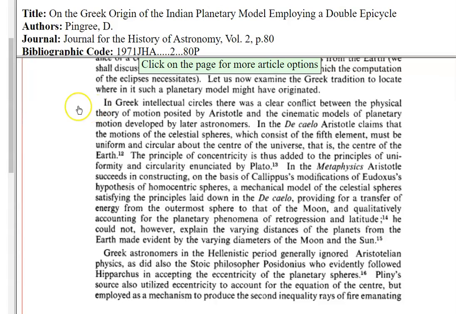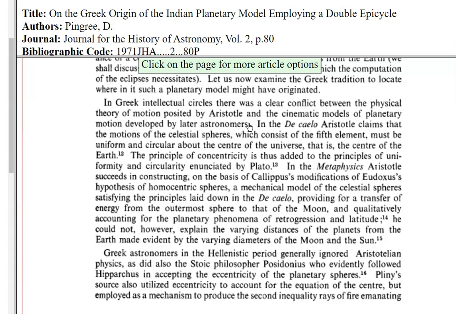In Greek intellectual circles, there was a clear conflict between the physical theory of motion posited by Aristotle and the kinematic models of planetary motion developed by later astronomers such as Ptolemy.